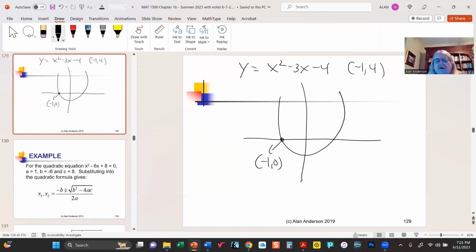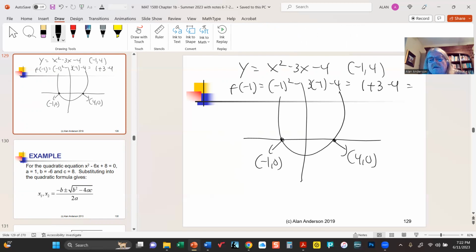Over here, you're going to have (4, 0). The y is just 0 because we're on the axis. This is the solution right here. The actual solutions are -1 and 4. What that means then is that f of -1 would just be 0. And the same thing would hold for 4. 16 minus 12 minus 4 is just 0. Perfect.